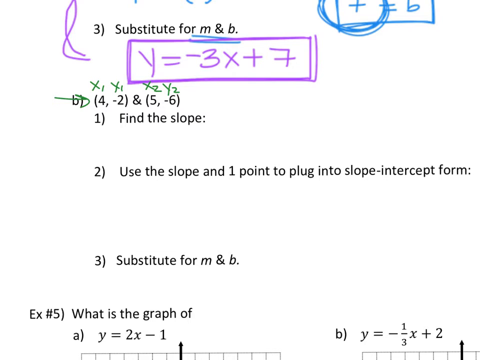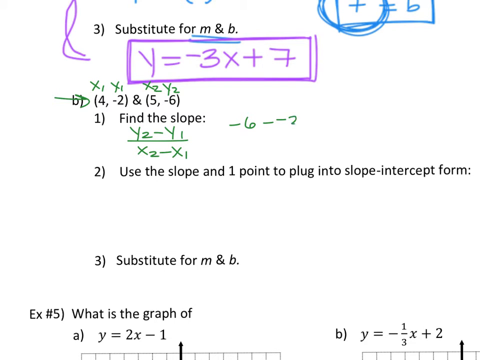So in your setup, you're going to go y2 minus y1 over x2 minus x1. What is that? Give me numbers. -6 minus, okay, it's minus -2, right?